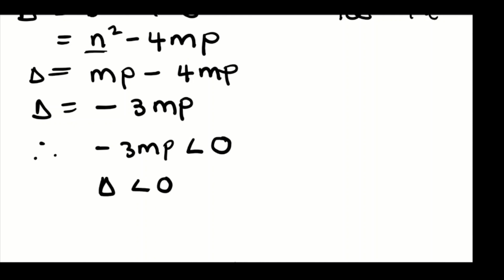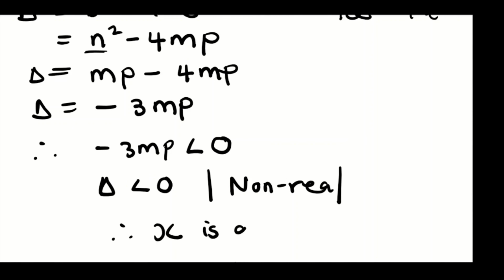Whenever the discriminant is less than 0, it means that the solutions of x are non-real, right? Therefore, it concludes that our x value is a non-real number. So that is the solution of this problem here.